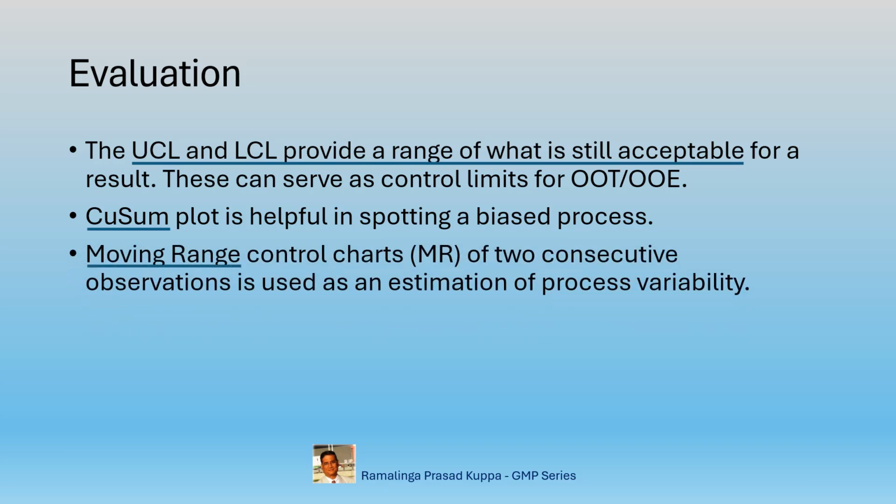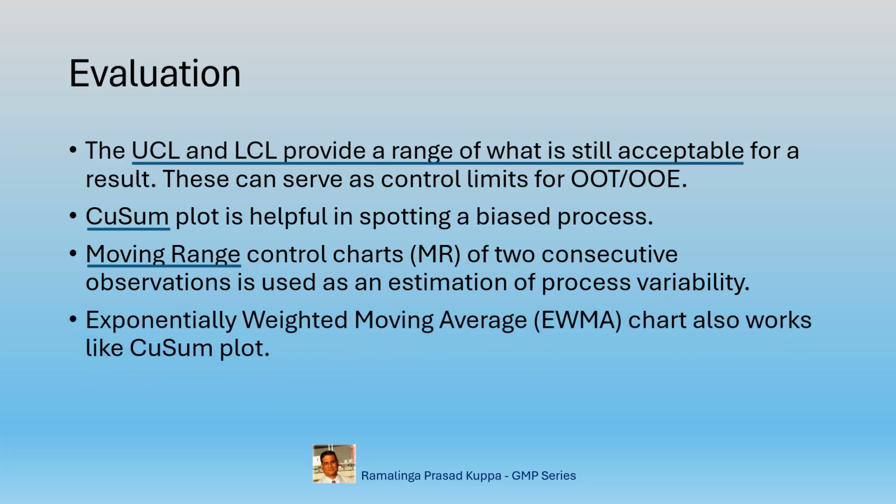Moving range control charts of two consecutive observations is used as an estimation of process variability that is very useful for detecting OOE. Exponentially weighted moving average, EWMA chart also works like Q-sum plot.